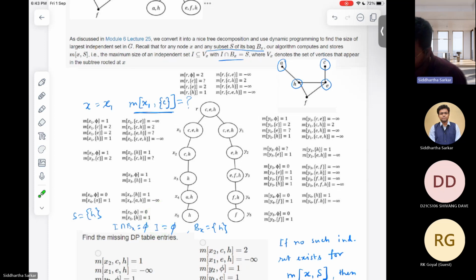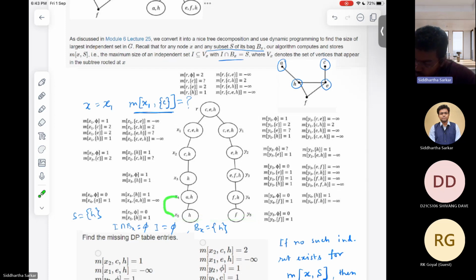Similarly, they have found all these values. Like we have already said, some of the nodes are join nodes, some are introduce nodes, and some are remove or forget nodes. For each of these nodes, there is a specific rule which will compute the entries bottom up. So the bottom two entries are taken care of.